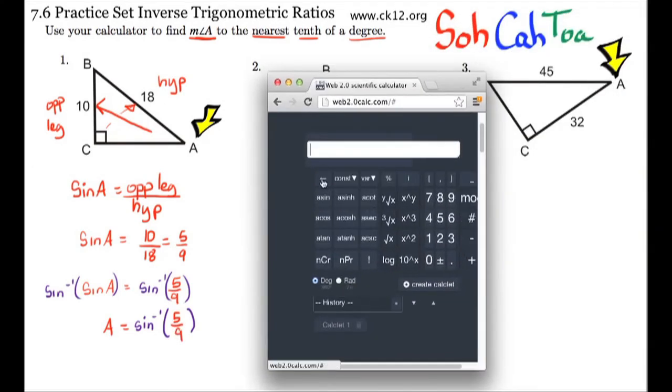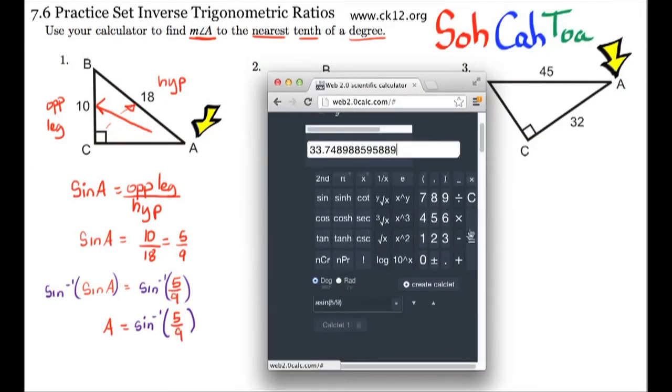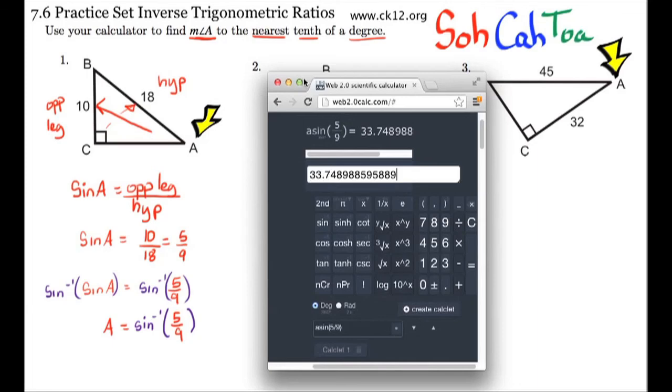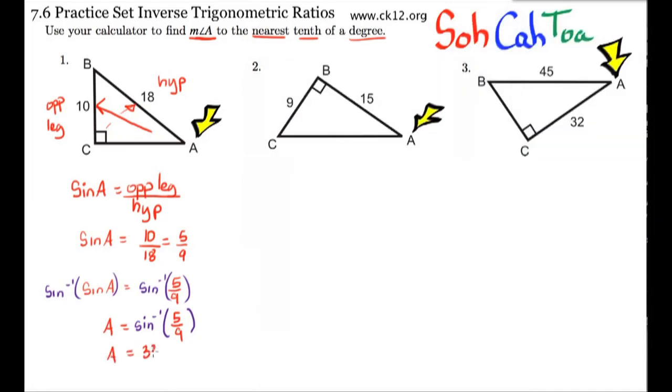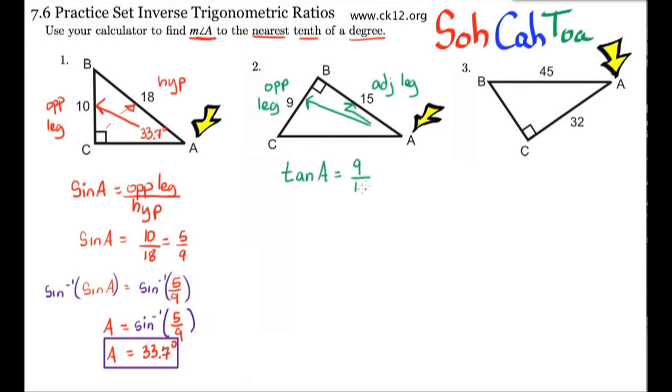And now I use my calculator, make sure I use the inverse sine or the arc sine, and I get 33.7 degrees. Number 2, I'm looking for angle A. This time I've got the opposite leg 9 and the adjacent leg 15, so I'm going to use tangent this time.